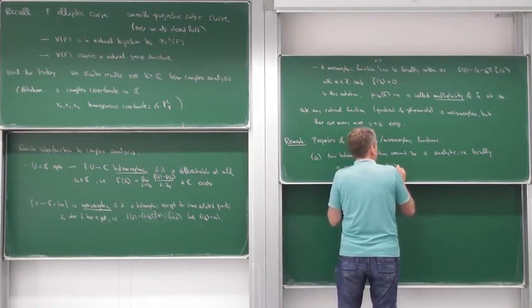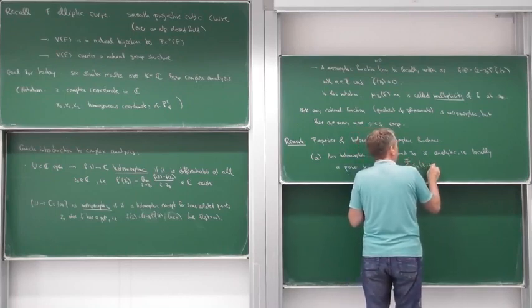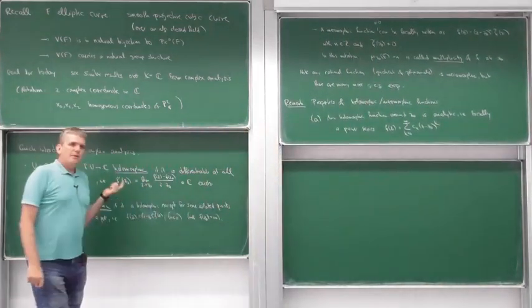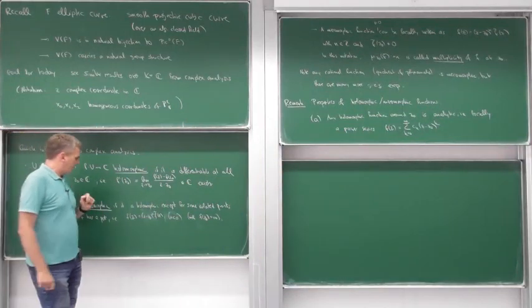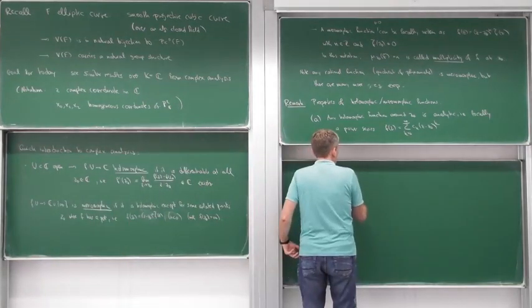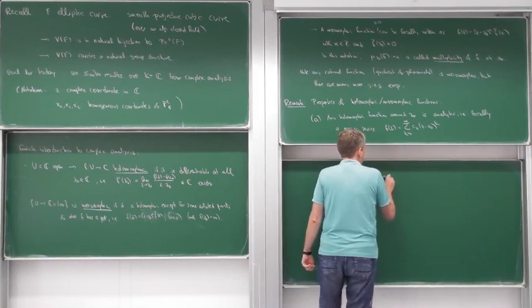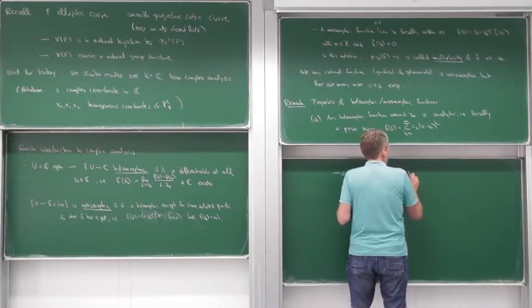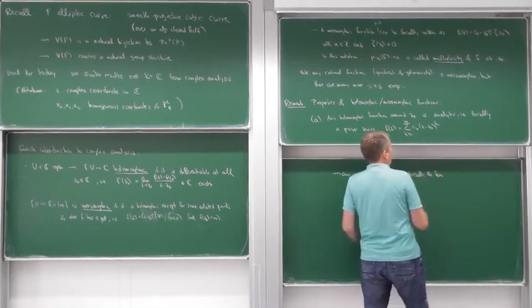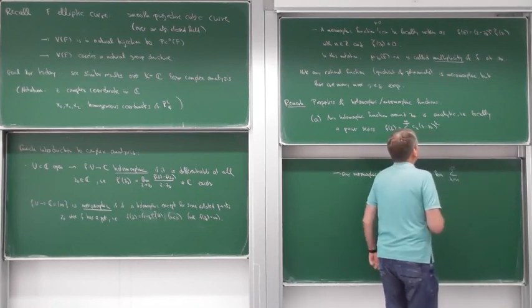Well, it means we could write f of z as the sum of k equals 0 to infinity, say, c_k (z minus z0) to the k for some coefficients c_k. And if we have a meromorphic function, so that means we have an additional factor of z minus z0 to some other power, then any meromorphic function has locally exactly the same form, just that you don't start with 0 necessarily, but with the order, so there will be the smallest exponent occurring.